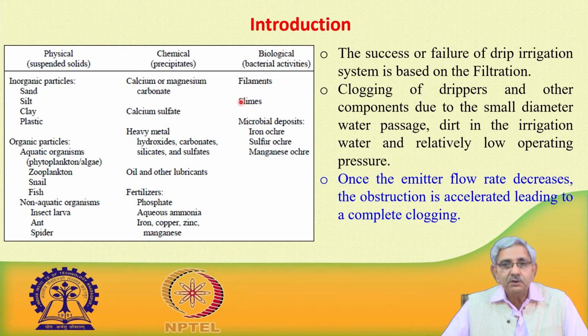This gets deposited at the outlet of the drip emitter, and then it will decrease the flow rate, and slowly we will find that the thickness of deposition keeps increasing, and that may cause complete clogging of the drip emitter.